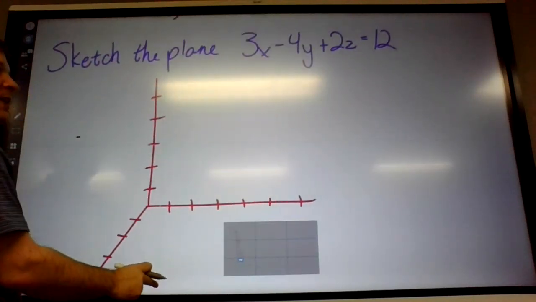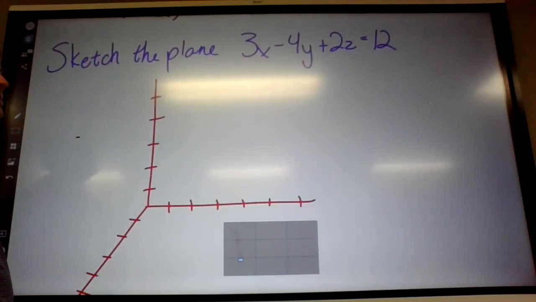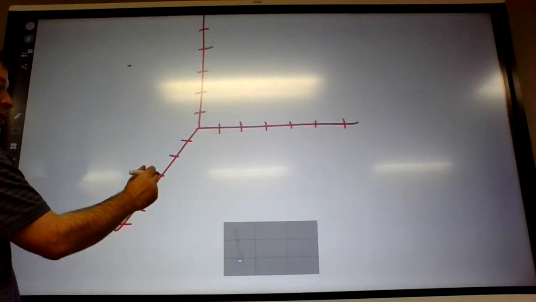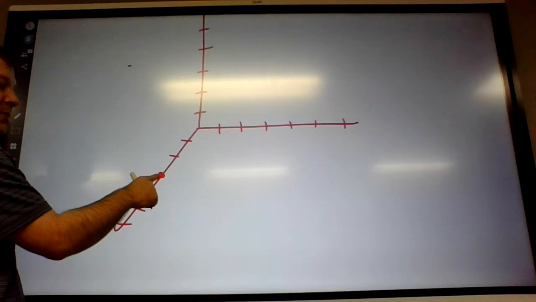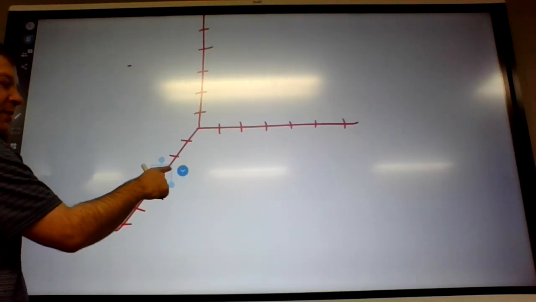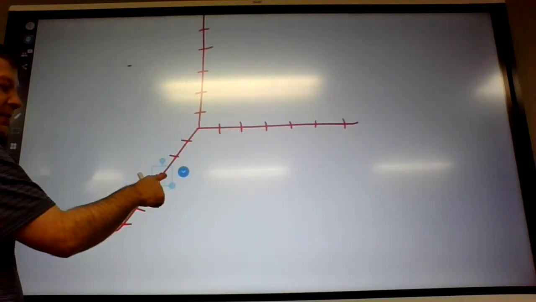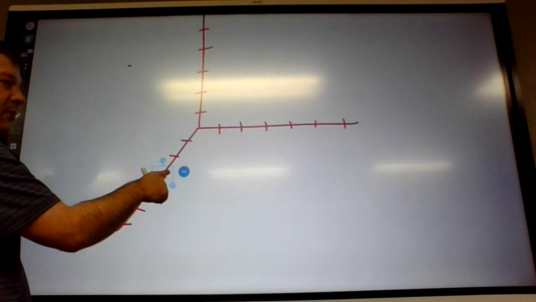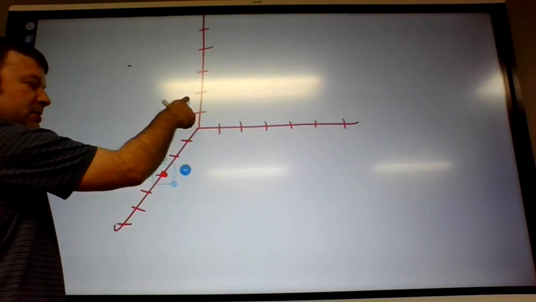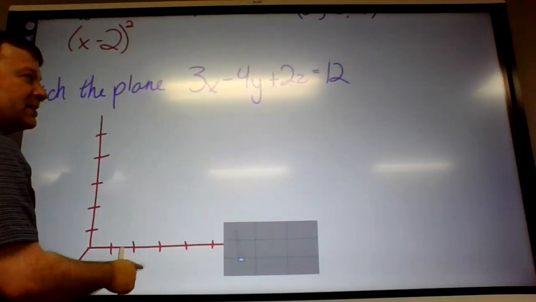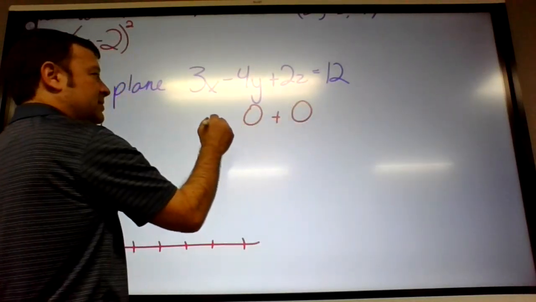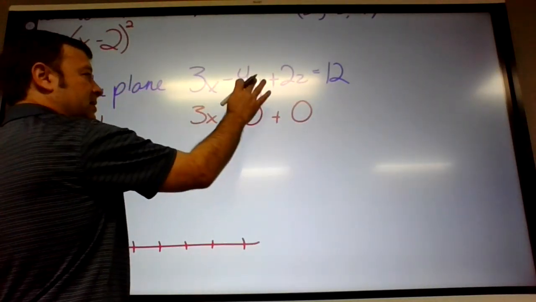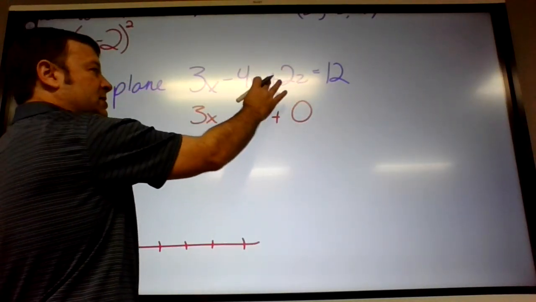What we did was we found the intercepts for this. Let's say it's the x-axis right here. This point would be 3, 0, 0. So anything on the x-axis would have a 0 and a 0 for the y and z coordinates. So to find the x-intercept, we just make the y and the z 0.